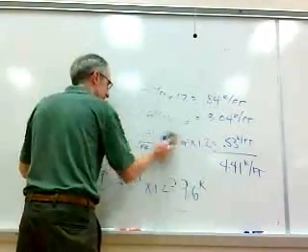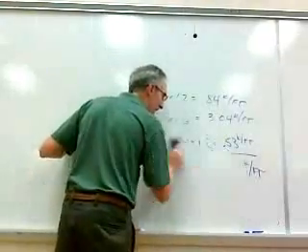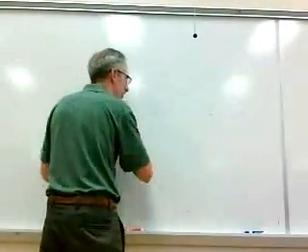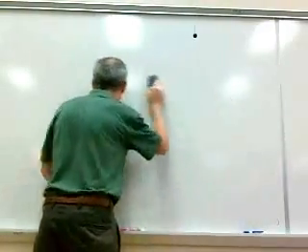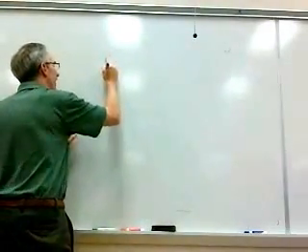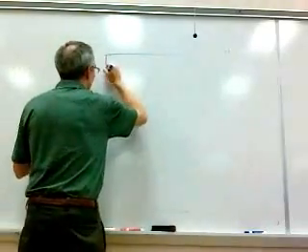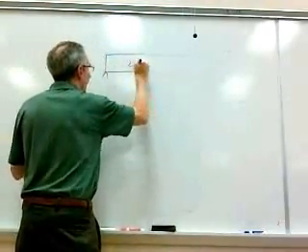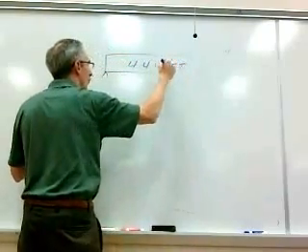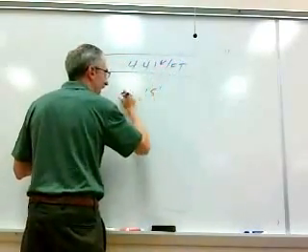So, my shear diagram is based on a beam. How long is this beam? 30, so 15 foot. I've got a uniform load, 4.41 kips per foot, half the beam.